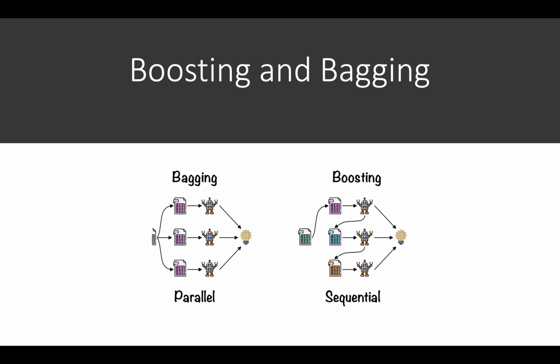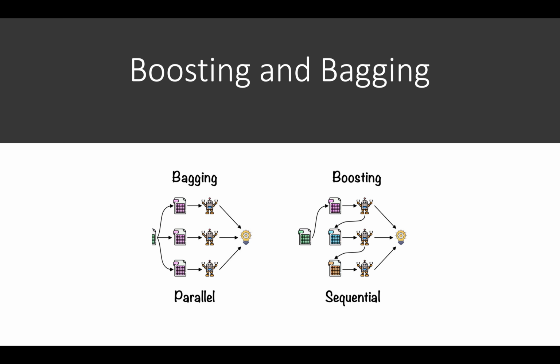The final ensemble model is a certain combination of these multiple weak models built iteratively. Bagging consists of creating many copies of the training data. Of course, each copy is slightly different from the other one, and then applying the weak learner to each copy to obtain multiple weak models and then combining them all.